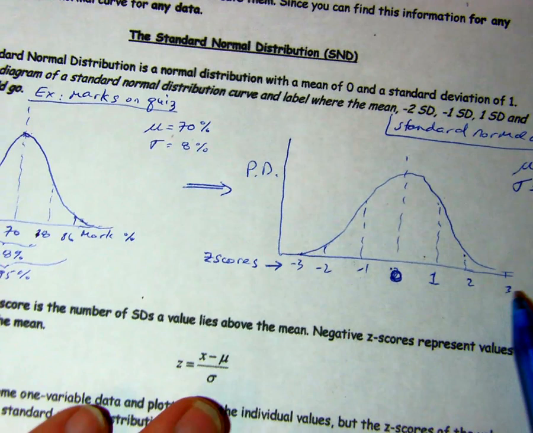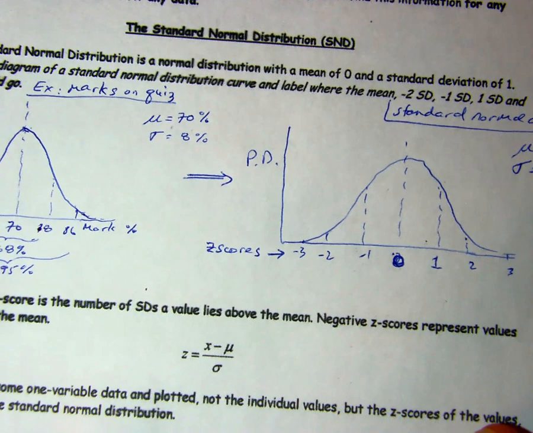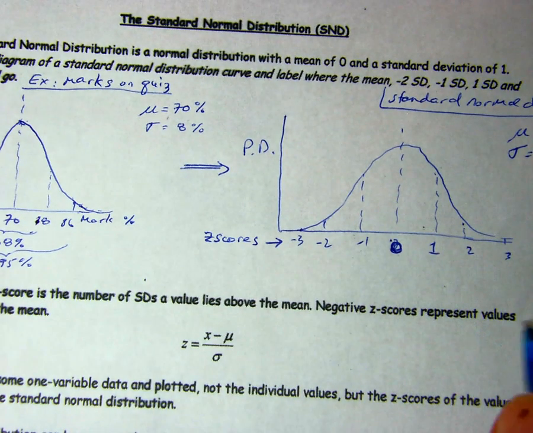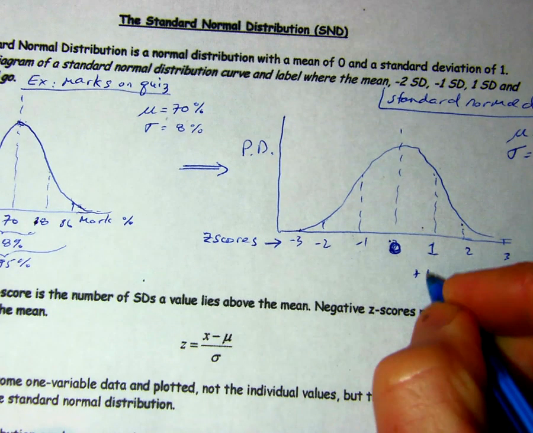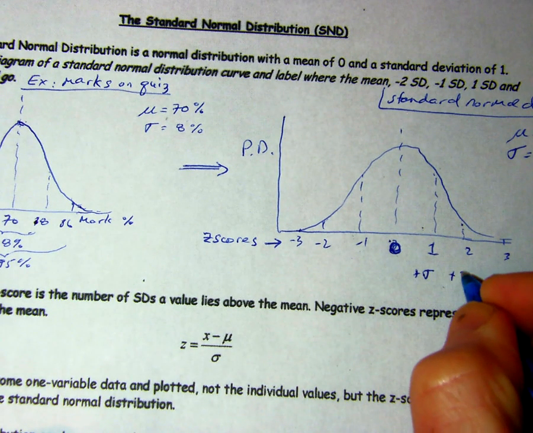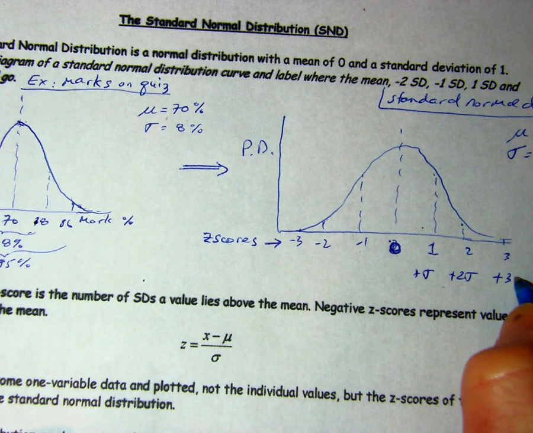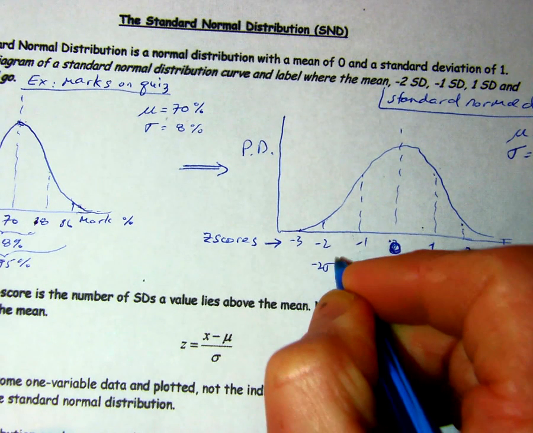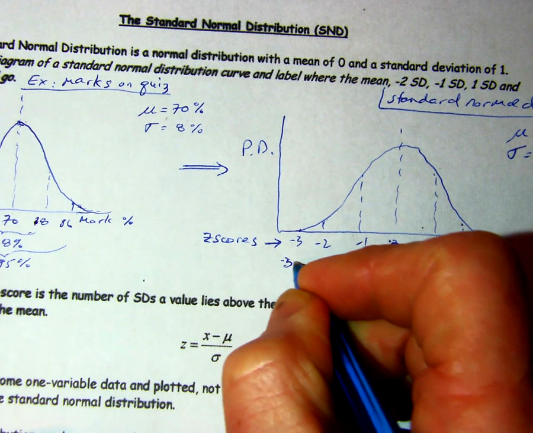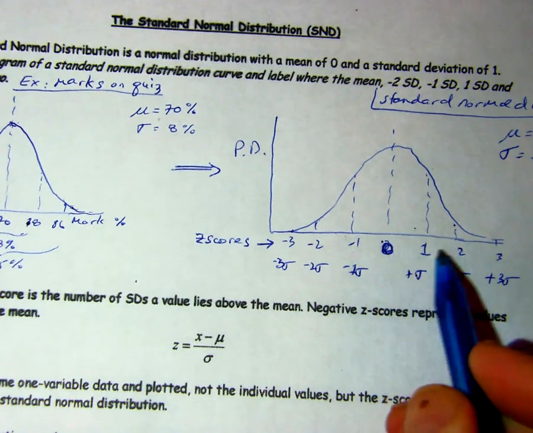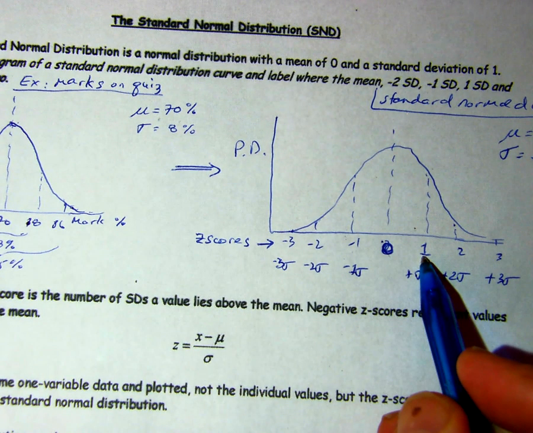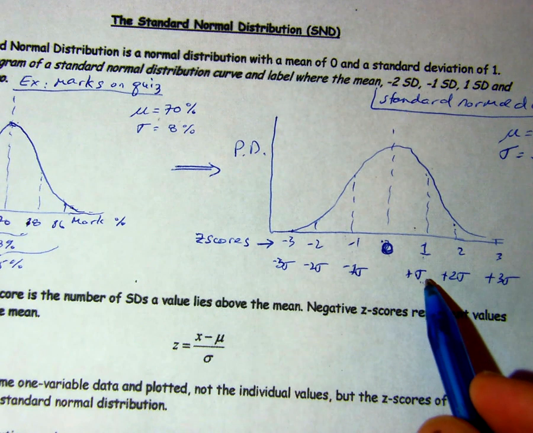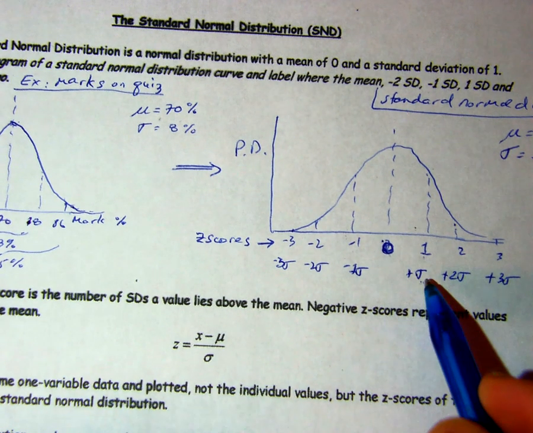All marks can be turned into a corresponding z-score. Okay? So again, this is like +1 sigma, this is +2 sigma, this is +3 sigma, this is -1 sigma, this is -2 sigma, -3. Right? The standard deviation is 1, so your z-score is 1. You're greater than the mean by 1 sigma, by 1 standard deviation.